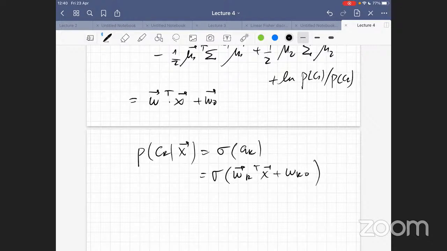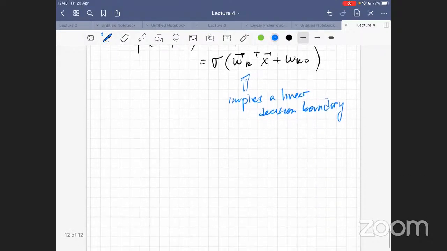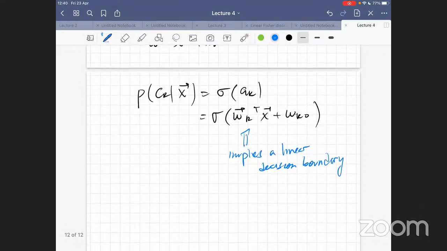And this implies a linear decision boundary. So even though you have a complicated function here, which is a nonlinear function such as the sigmoid, every time I have x entering linearly in the argument of this sigmoid, I will have a linear decision boundary.